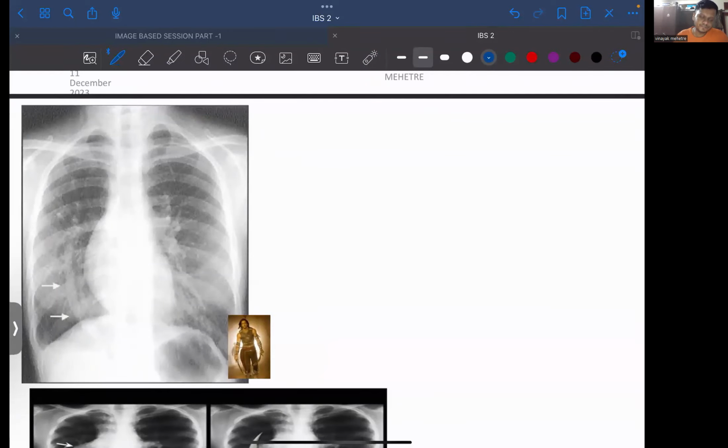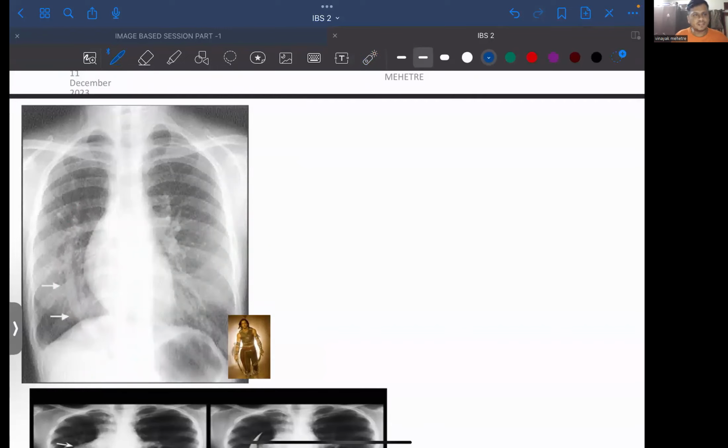What do you think? Take a look over here. Something is coming from below in the chest. Something is coming up from the abdomen. It is called scimitar sign. Scimitar sign, this is a Turkish word.